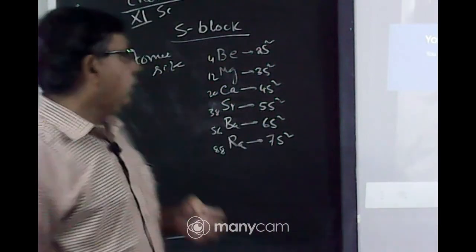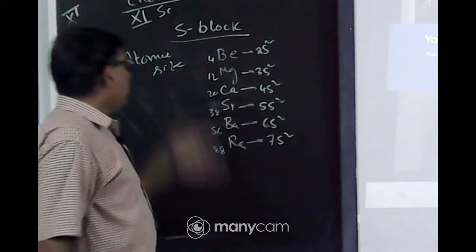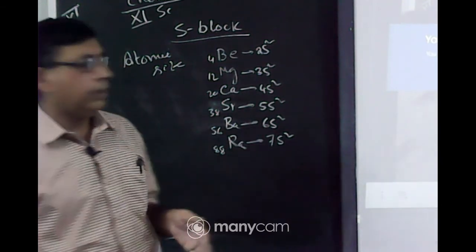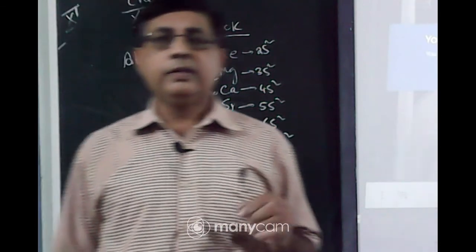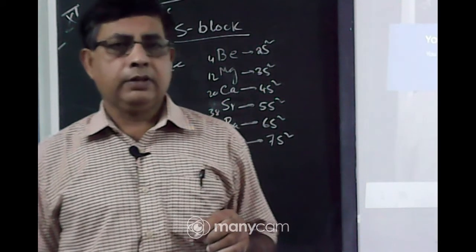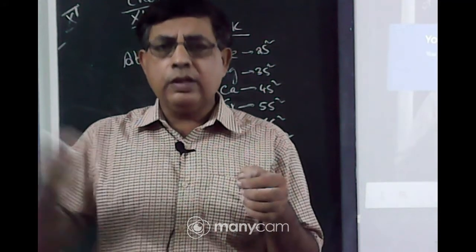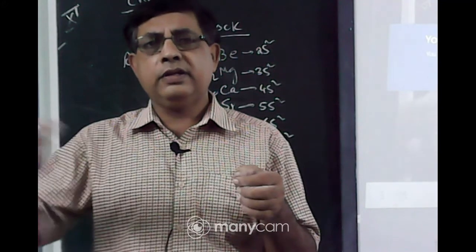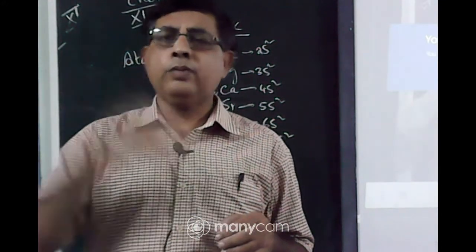Down the group, the number of shells increases, 2, 3, 4, 5, 6, 7, and nuclear charge also increases, but the effect of nuclear charge will be less. This is due to the greater screening effect or shielding effect. The different subshells present between the nucleus and the outermost shell, the s, p, d subshells, screen or guard the outermost electron from the nucleus.